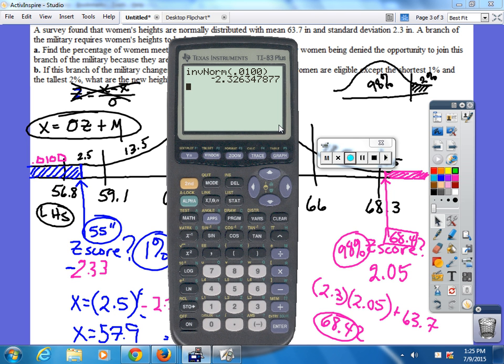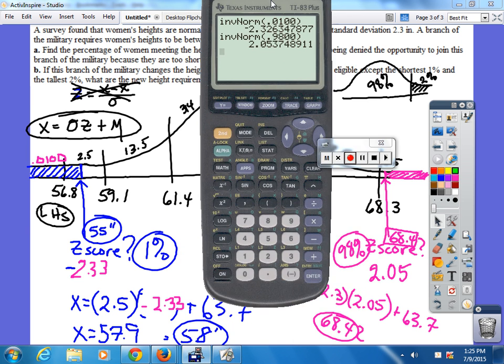All right, now let's do the other one, inverse norm of 0.9800, right? 2.05. Okay, we've done it right.